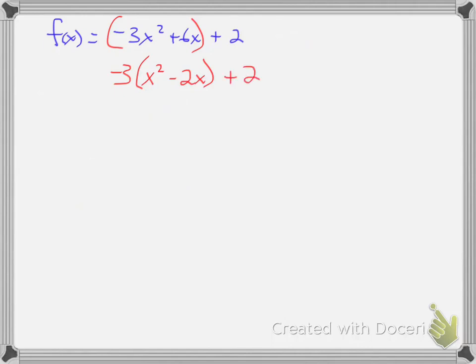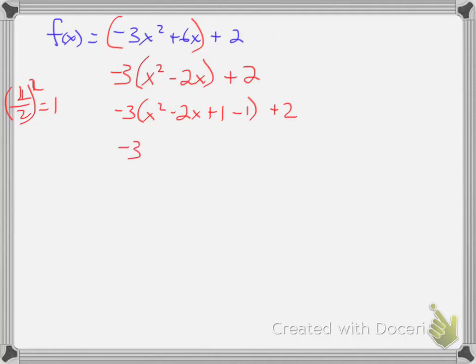I want to keep the x there because I'm trying to make that into a perfect square trinomial. So when I do b over 2 squared, 2 divided by 2 is 1, and 1 squared becomes 1. So I'm adding a 1, but I'm also subtracting a 1.